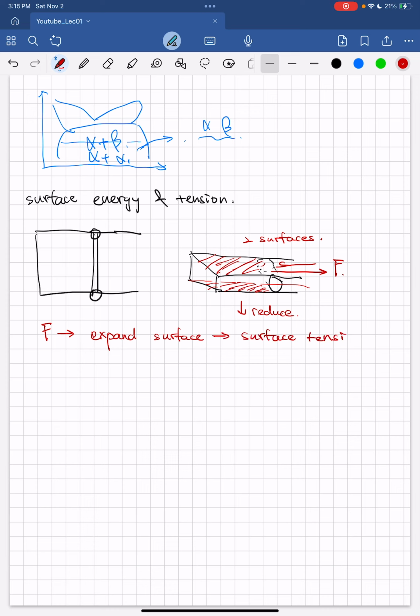Now, when you think of water, there is surface tension. The water is going to look like this. This structure is because it wants to shrink. It wants to minimize the surface area, right?